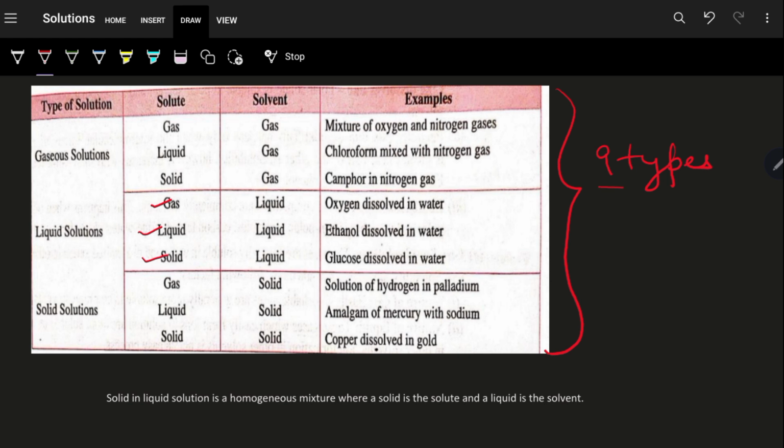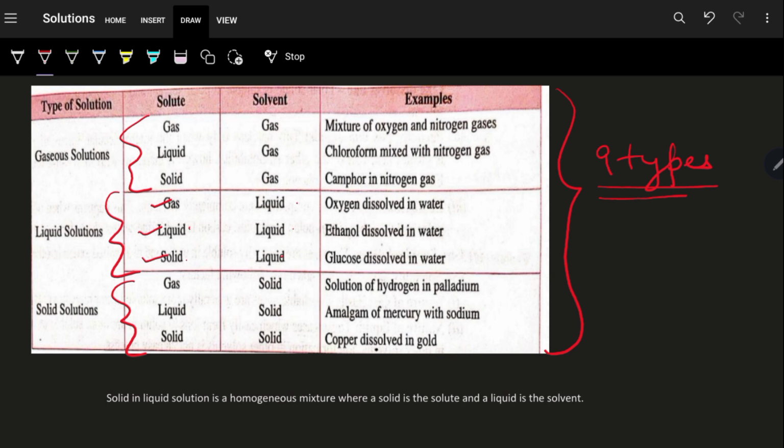There are 9 types we can see, 3 here, 3 here, and 3 more here. Out of these, the most commonly used are gas in liquid, liquid in liquid, and solid in liquid solution. The examples are given over here in tabular form.